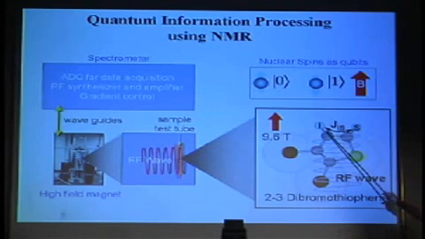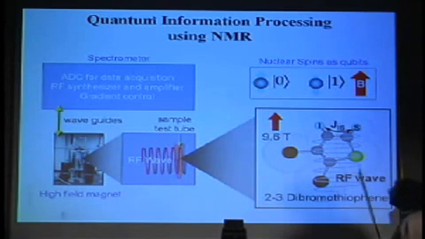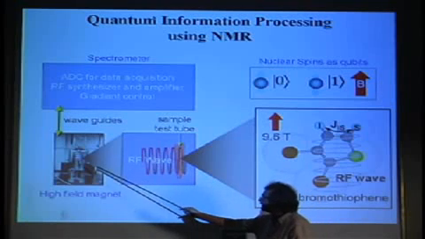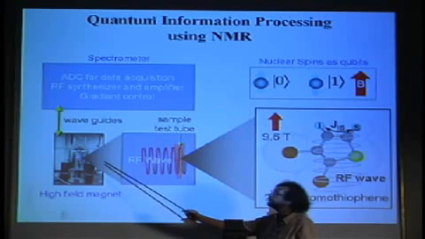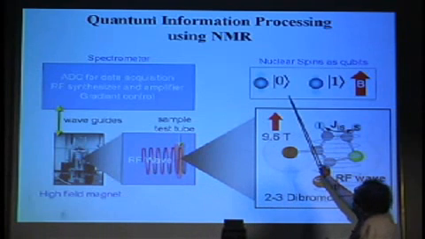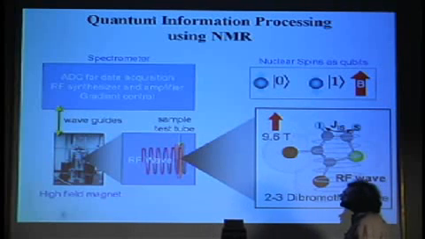And there's a scalar coupling between the 2 protons. And so we'll be able to do conditional operations of 1 qubit, 1 proton, based upon the states of the other. Of course, we'll take a liquid sample of this, 10 to the 18 copies of the molecule, put it into a strong magnetic field, so we have a known quantization axis, and so we can map our information onto the projection of the spin along the z-axis.